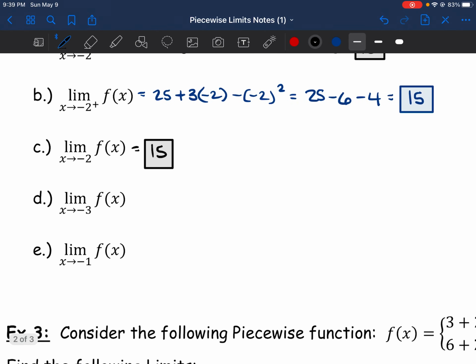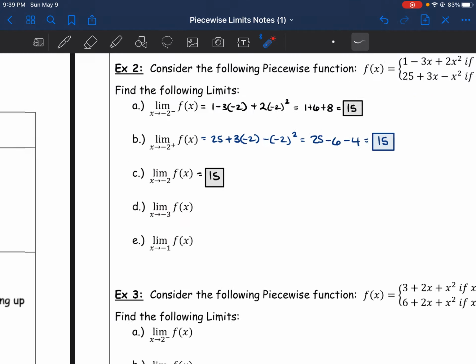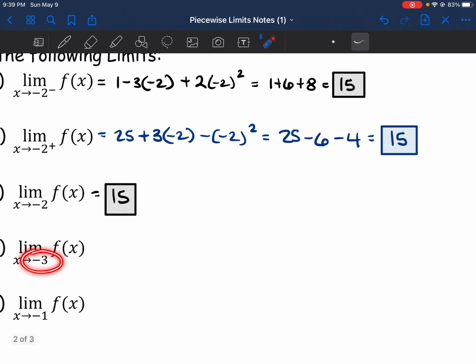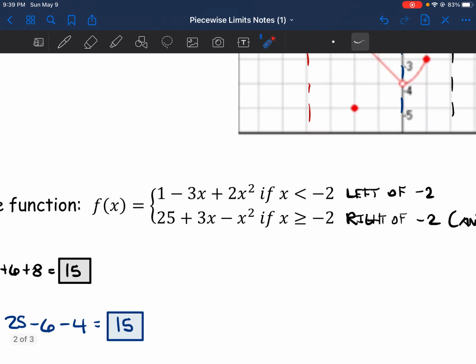Okay, so let's try this one right here. The limit as x approaches negative 3 of f of x. Well, if we think about negative 3, remember that the piecewise defined function says that anytime x is less than negative 2, this is what we're going to use. Well, if x is negative 3, or if x is approaching negative 3, it is to the left of negative 2.